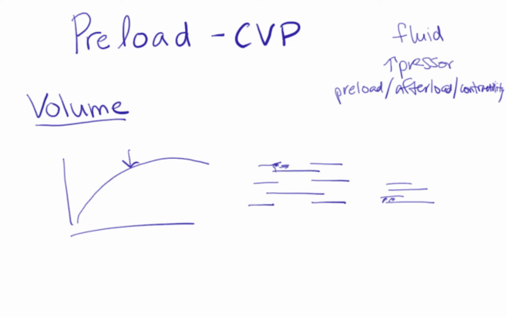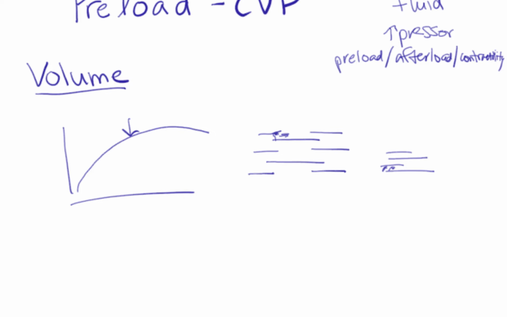So there's two ways to look at this. I would say the main one is making sure you have enough volume in your system, because you've got, let's say this is your heart, and you've got your superior and inferior vena cava coming back to your right atrium, and then from your left ventricle you've got your aorta coming out.